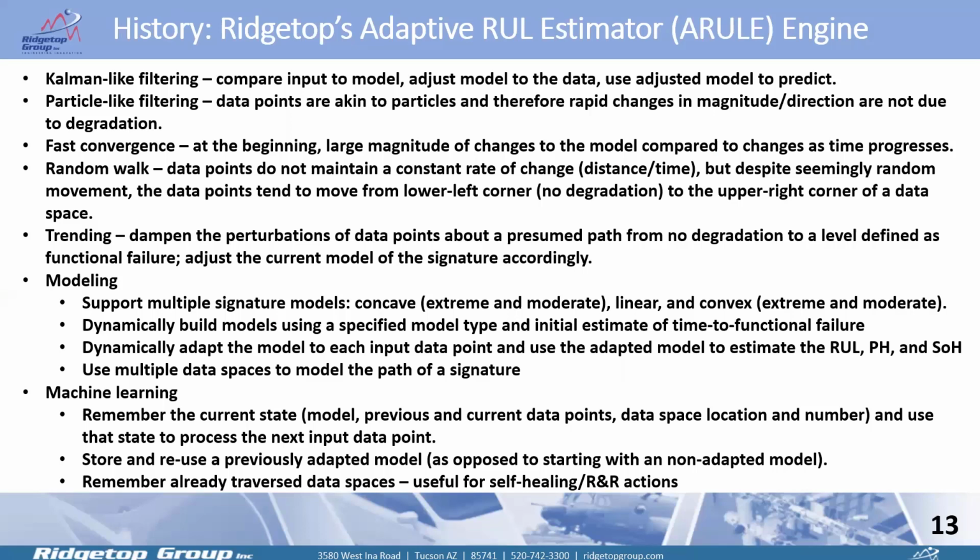Basically, we say, look, degradation does not increase and then decrease and increase and decrease and then hold constant with continued use. It has a tendency to go from 0 to a maximum value. So that's random walk, just like you're walking from one corner of a lot to the upper corner of a lot. Trending, we also know that the data that we're working with has a tendency to trend. Again, that's related to the fact that it's like a particle and does not make rapid changes in direction.